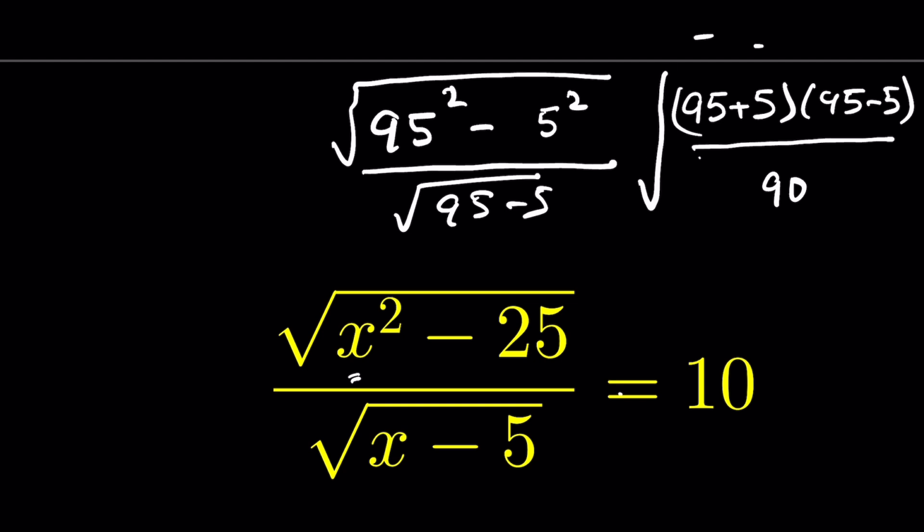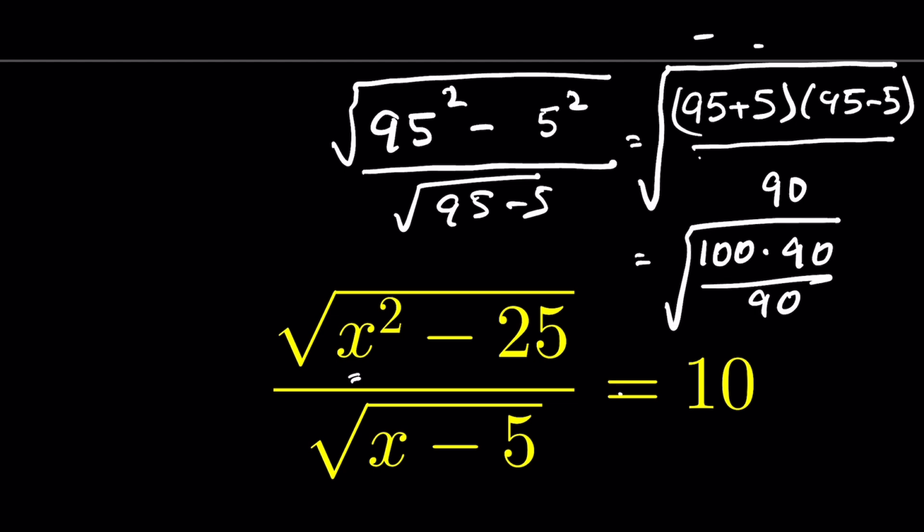We can write this numerator and denominator under one square root. So this is √(100 times 90 upon 90). 90 gets cancelled. So √100, and this is equal to 10.